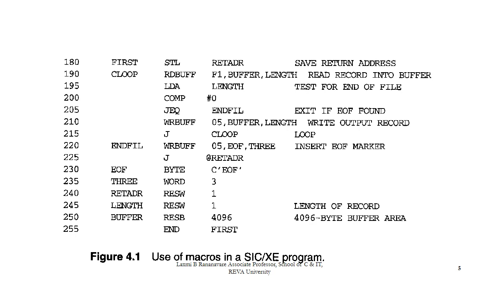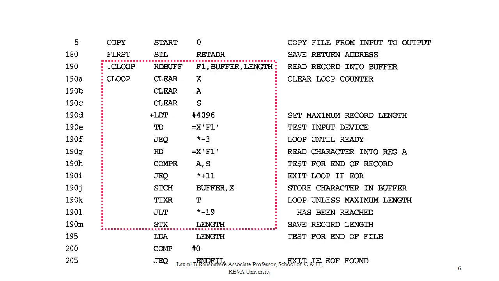Now how this is done by the macroprocessor, we are going to see the phases, the data structure, and the implementation of this macroprocessor in today's class. This read buffer was having the label, and that label should be changed.